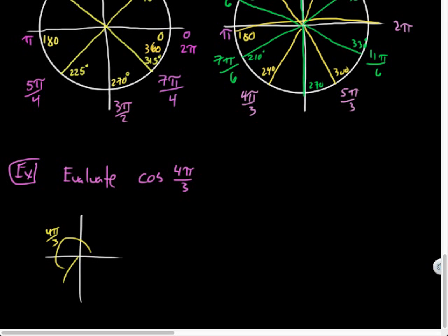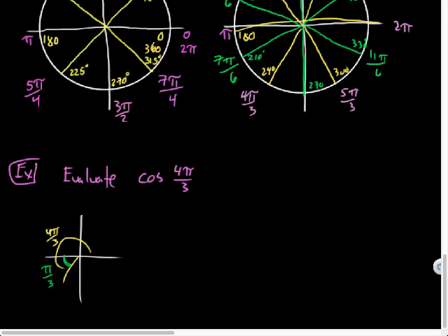And now my question for us is, what would the reference angle be in radians? Pi over 3, right? Because 4 pi over 3 minus 3 pi over 3 would give me the pi over 3 reference angle. All right?